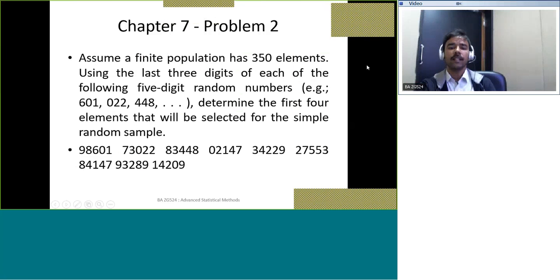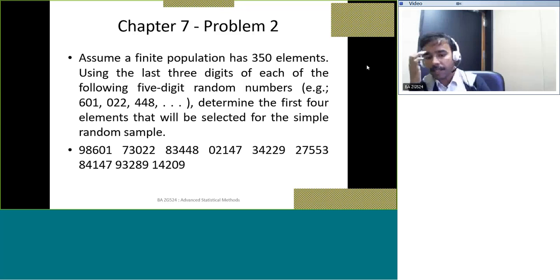Yeah. I'll go to the next question. Assume a finite population has 350 elements. Just now I told you, because here 350 elements, it is 3-digit. So what we will do? We will assign numbers from 000 to 349. Using the last 3 digits of each of the following 5-digit random numbers, determine the first 4 elements that will be selected for the random sample.